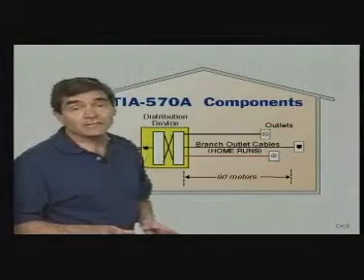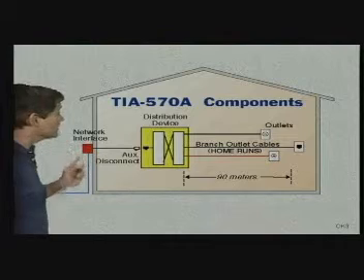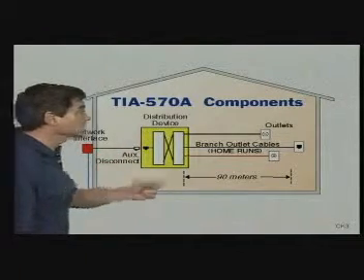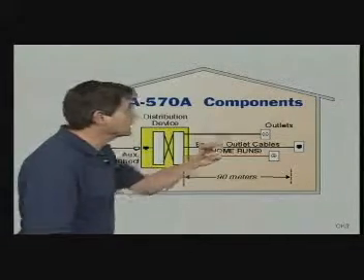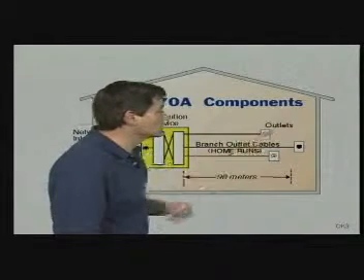The single-family section of 570 covers the specifications for the network interface demarcation point, an auxiliary disconnect, the distribution device and cable cross-connect, the cable and cable installation, outlets and connectors, and equipment cords.